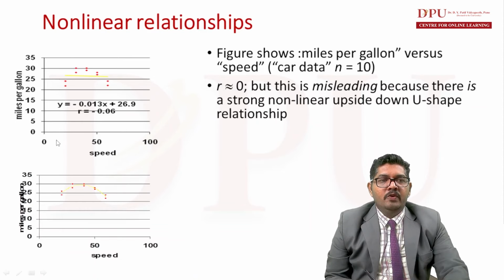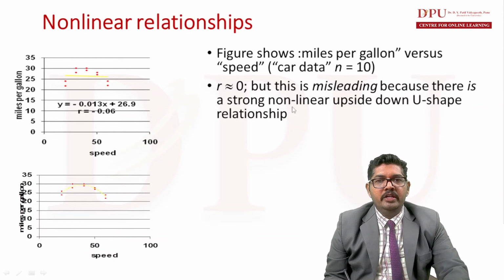Initially we know that if the speed is up to some fixed speed like 50 km per hour, the mileage keeps on increasing, and when the speed increases more than 50, then the mileage will come down, right? So R is nearly equal to 0, 0.06, but this is misleading because there is a strong nonlinear upside down U-shaped relationship between the two variables, speed and miles per gallon.